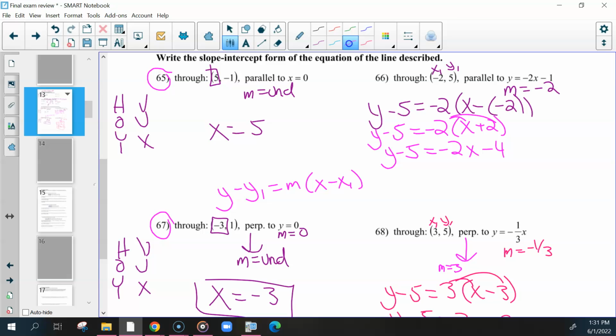And then add 5 to both sides. So y equals negative 2x plus 1 is parallel to y equals negative 2x minus 1.